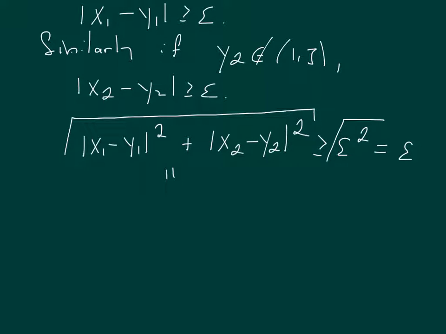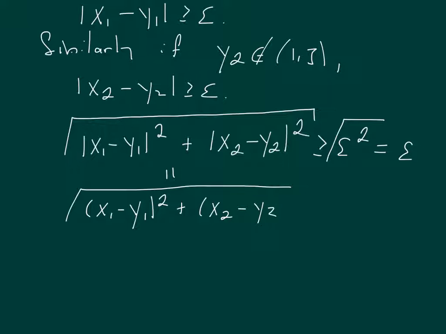And what's this? Well, let's just notice that on the left here, we don't need these absolute values if we're going to square the terms. So you could write x1 minus y1 squared plus x2 minus y2 squared, and you'll notice that this is the formula for the Euclidean distance between the point x1, x2 and y1, y2.